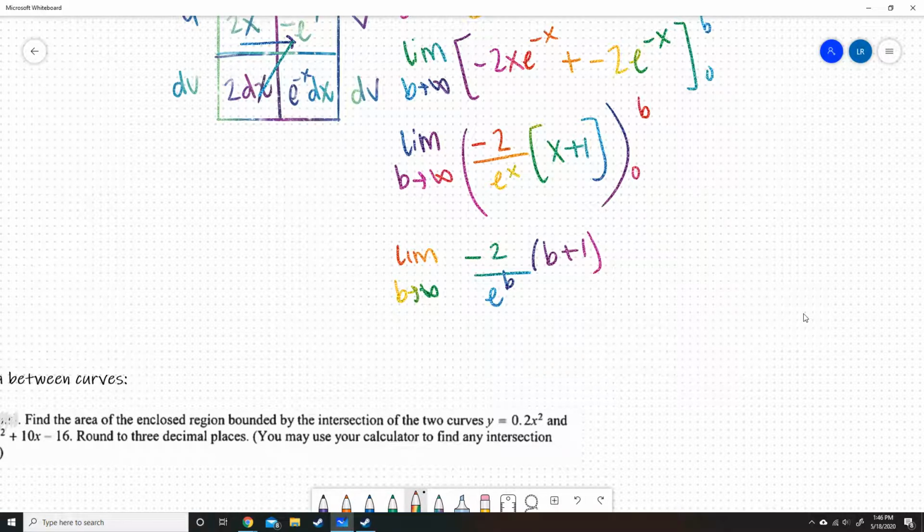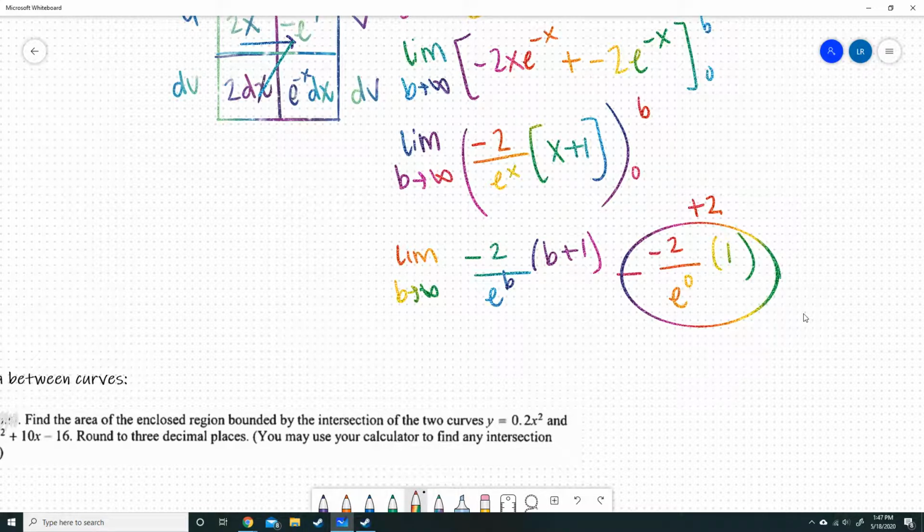And then I'm going to subtract my lower bound, which is going to be negative 2 over e to the 0 times 0 plus 1, which is 1. This whole thing is going to turn into negative 2 over 1 times 1, but a negative and a negative makes a positive. So this whole thing turns into plus 2.